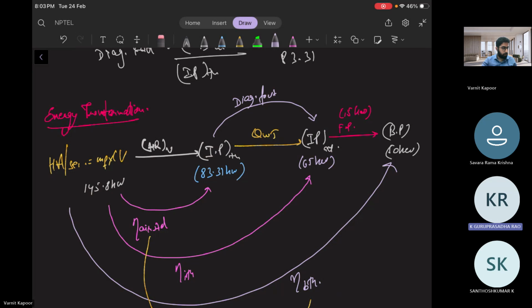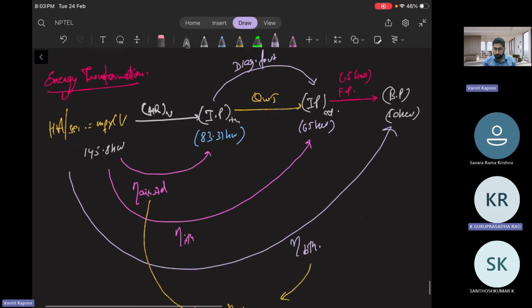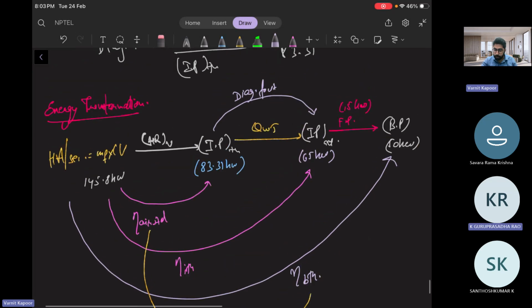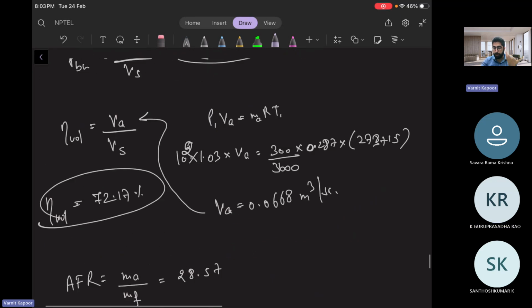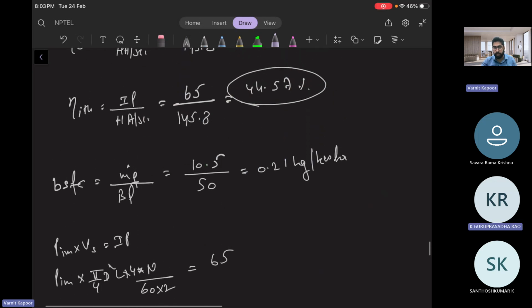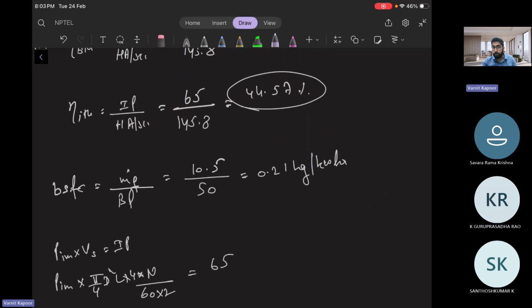Doubts clear? QWJ means, sir? Which one? QWJ, it is in yellow color. It is the heat taken out because of the water jacket, because of the presence of the water jackets in the actual IC engines.